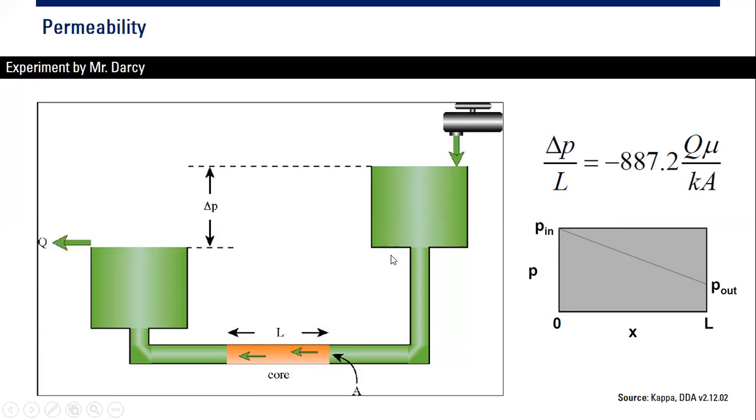And based on this experimentation, Mr. Darcy concluded this formula. So delta P divided by L, the length of the core, is minus 887.2 multiplied by the flow rate Q and the viscosity of the fluid divided by something multiplied by the area. And this something is actually the permeability.